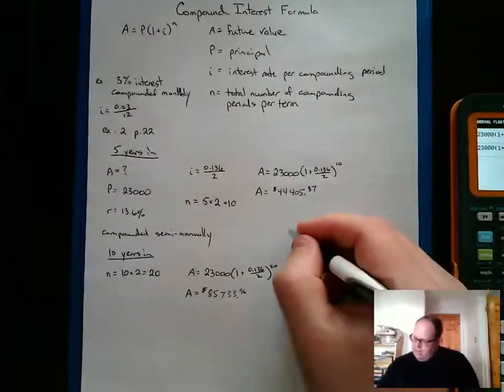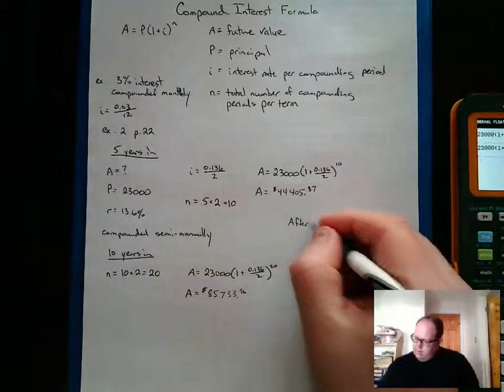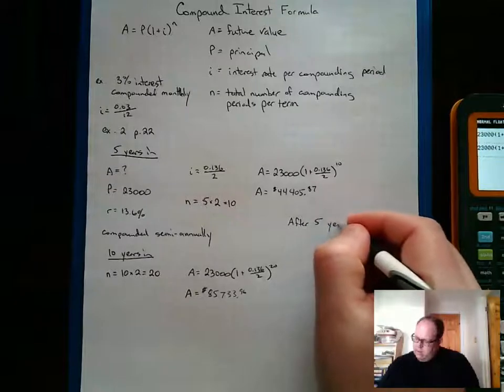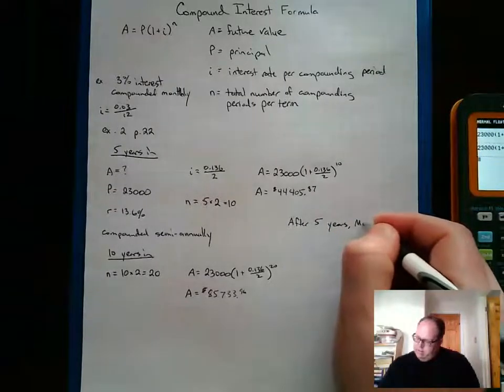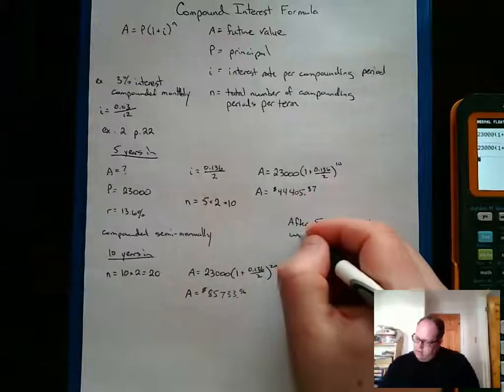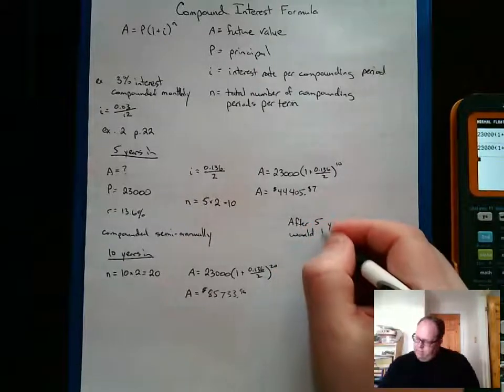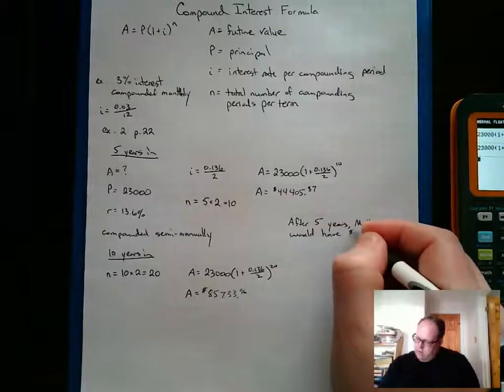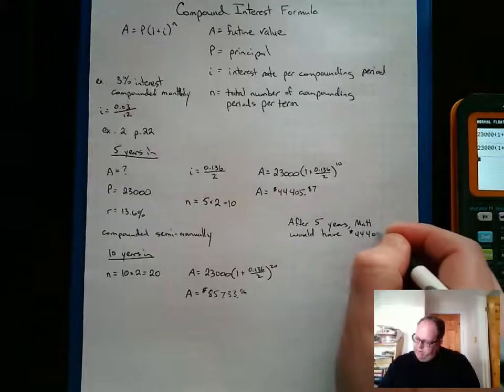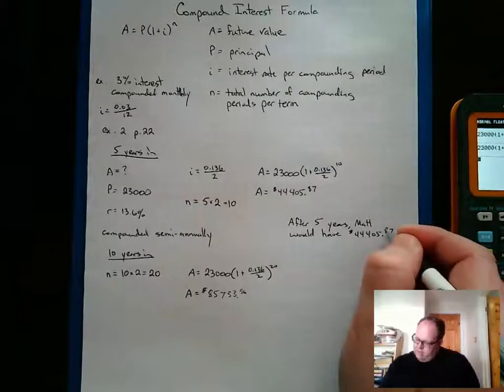And I can say that after 5 years, Matt would have $44,405.87 for a down payment.